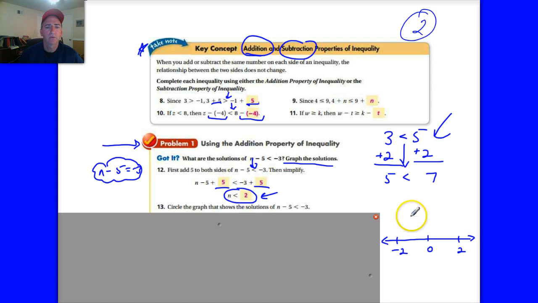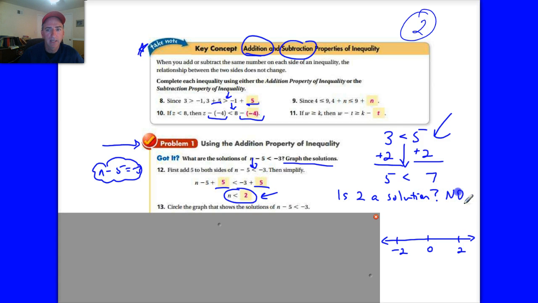Okay, so now here's the wild thing. We're talking about all numbers that are less than 2. So consider, is the number 2 a solution to this? Ask yourself that question. Is 2 a solution to 2 less than 2?